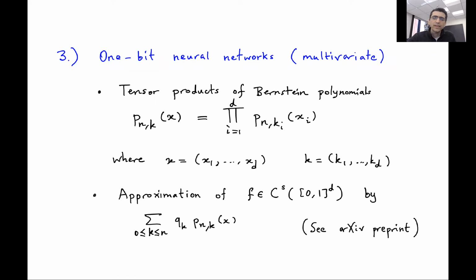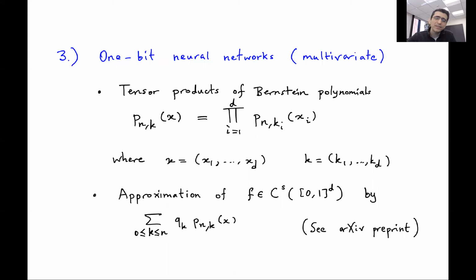So again, there are two results. One is the approximability, and the other is the implementability. Okay, so the implementability is already fairly straightforward due to this nice structure of Bernstein polynomials, provided we have these good approximations.